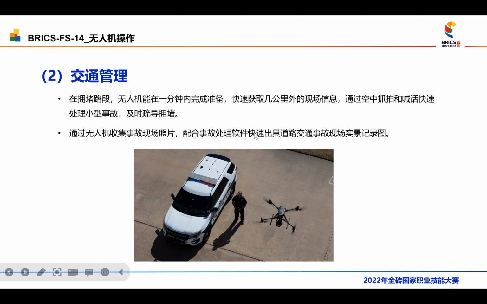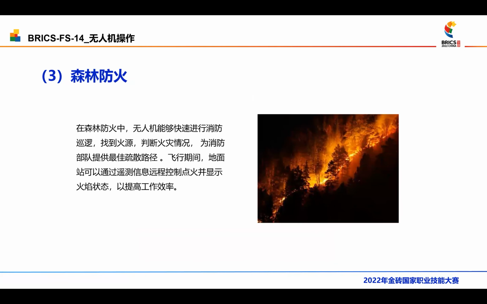It can also collect photos of the accident site through the UAV and cooperate with the accident handling software to quickly issue the real scene record map of the road traffic accident site.